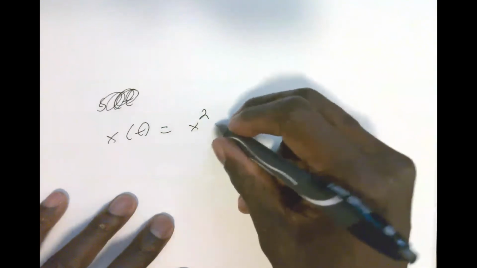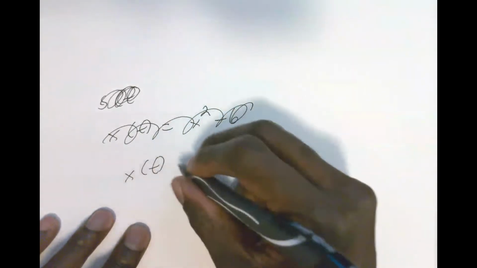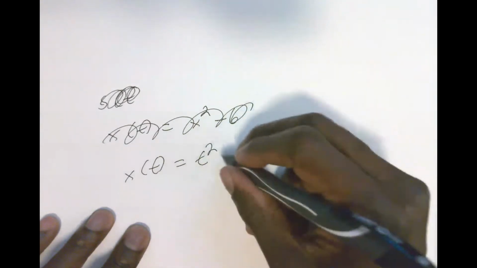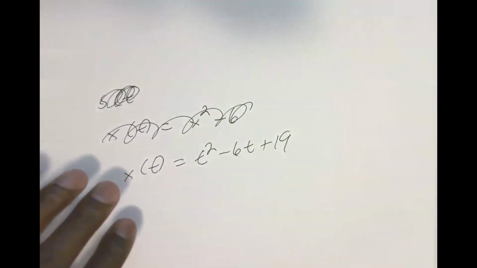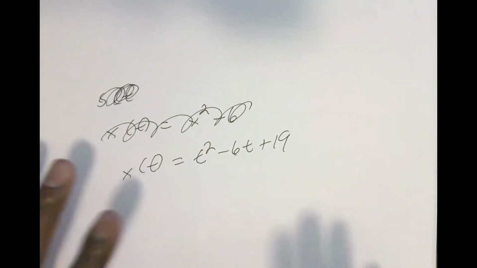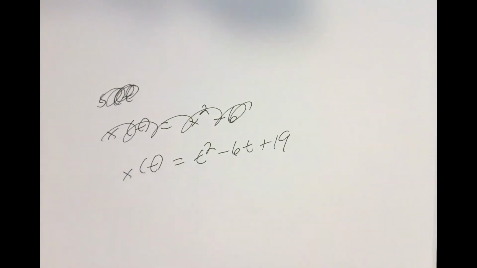Let's say x of t is t squared minus 6t plus 19. Let's say that's some function that describes the movement of a particle. And this particle only moves on the x-axis, so it either moves left or right.